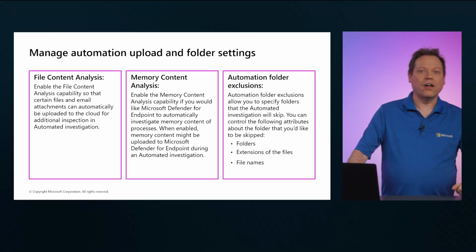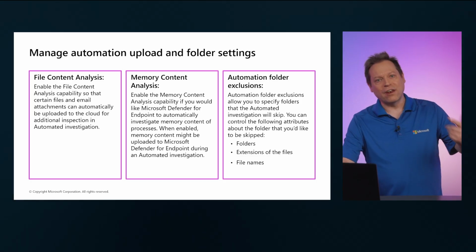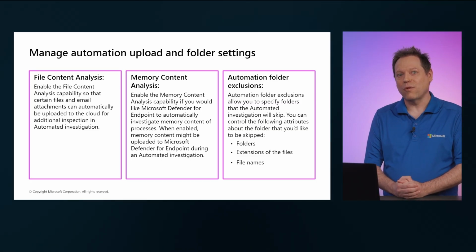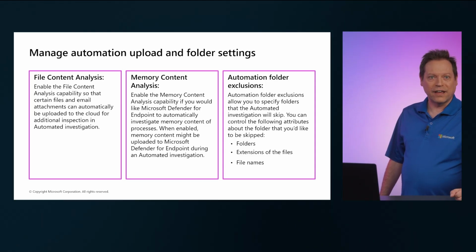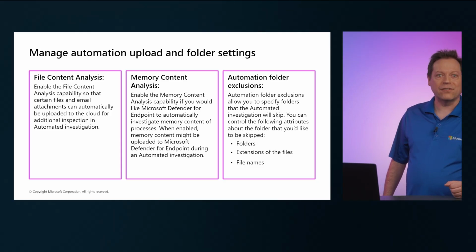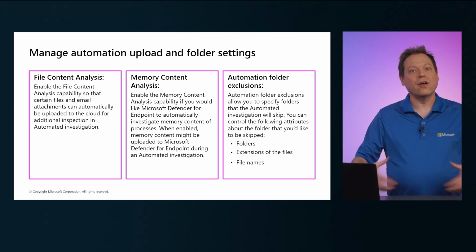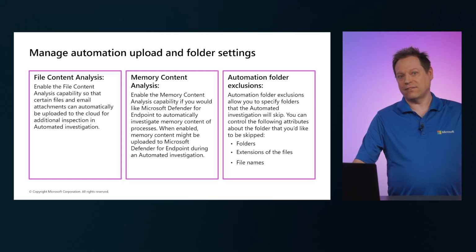When this is turned on, memory content might be uploaded to Microsoft Defender for Endpoint as part of an automated investigation. You can also control what automation should skip by configuring automation folder exclusions. These exclusions let you specify folders that automated investigation will bypass, and you can define attributes such as the folder paths themselves, file extensions, and file names for fine-tuning what gets excluded.